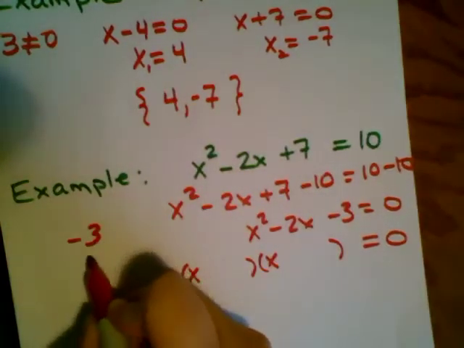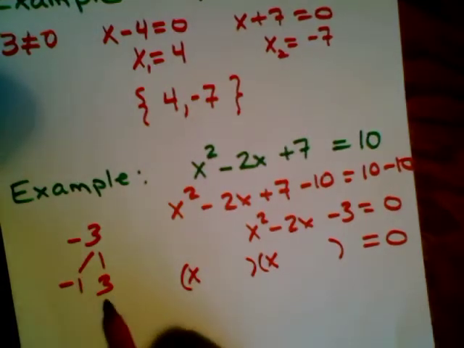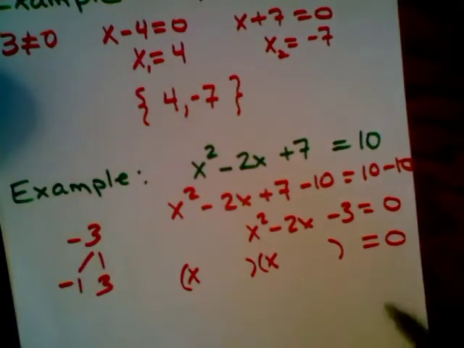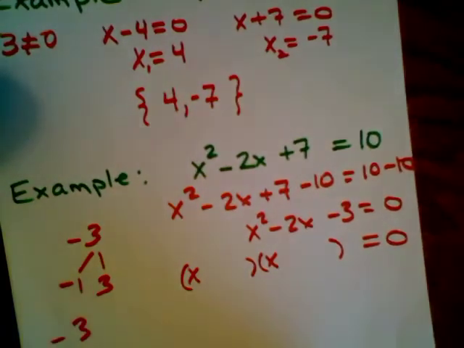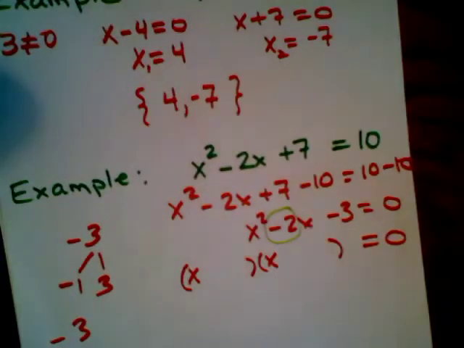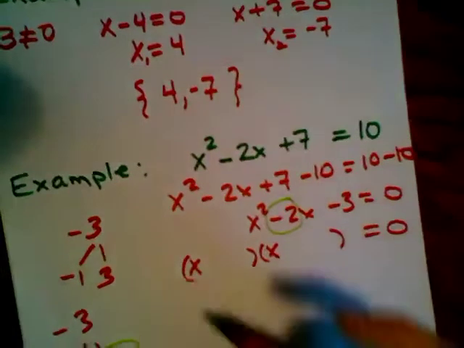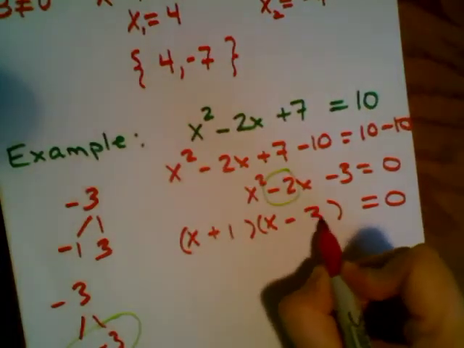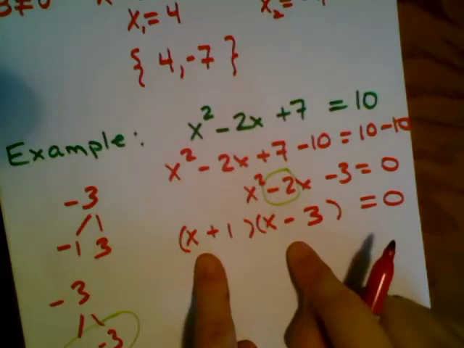Negative 3 could be negative 1 times positive 3, or it could be positive 1 times negative 3. But I need to choose the pair of factors that's going to add up to my linear coefficient. And so I'm going to choose 1 and negative 3 as the second terms of my binomials.